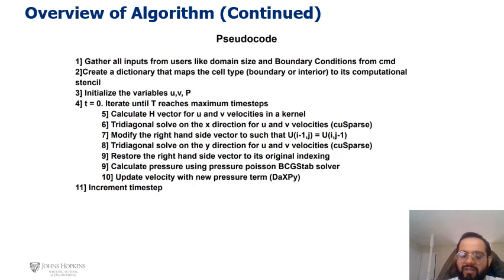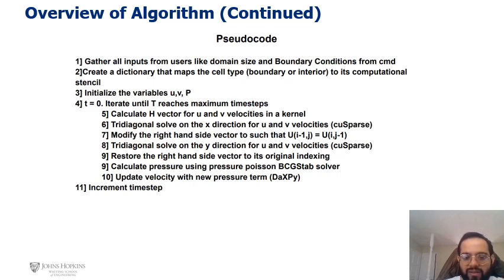I have written a kernel specifically for that, so we can broadcast it to all of the threads in the GPU, and each thread can handle one particular grid point and change its indexing order. So with a GPU, this process becomes pretty fast. In case of a CPU, it would have run into a lot of issues, especially because this step is not properly cached. So that's the end of step 8, which is restoring the right hand side vector.